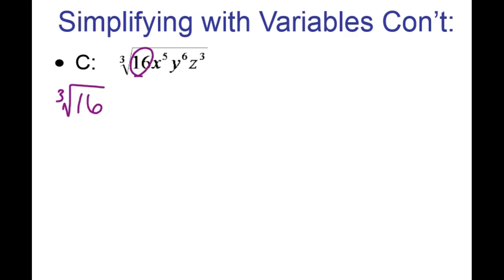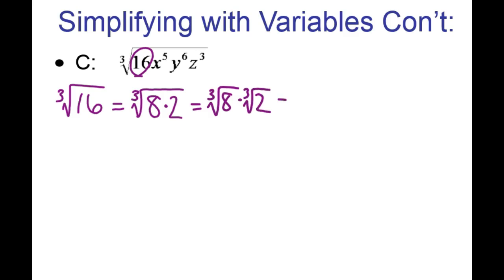I know based on my list that 16 is not in my perfect cubes, so I'm going to look at my list and recognize that 16 does have 8 as a factor and 2. And 8 is on that list of perfects. If I utilize my properties from before, I can give each one its own cube root symbol, ultimately ending up with 2 cube roots of 2.